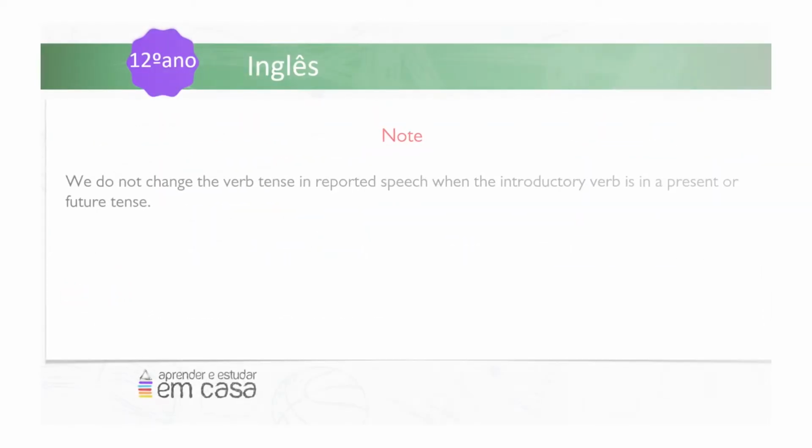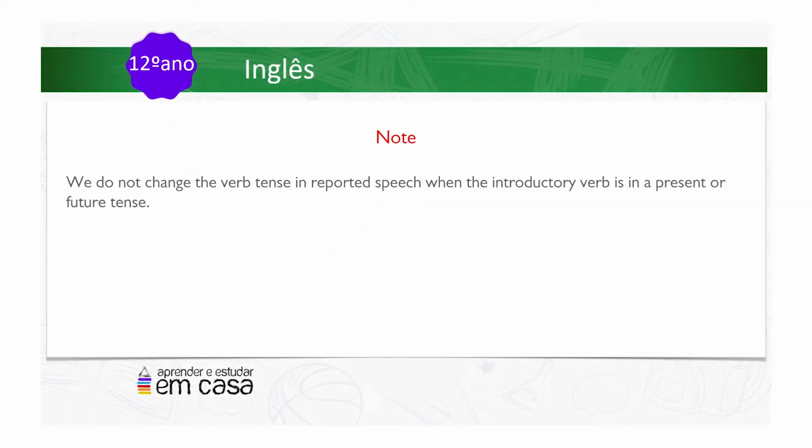Other changes that may occur: I told you that when we pass from direct speech to indirect speech, the verb changes. But not always. If the reporting verb is in present simple, there is no change in the verb tense.